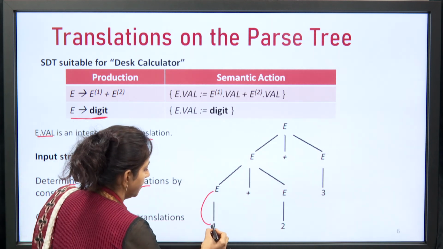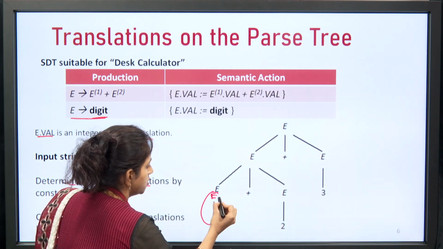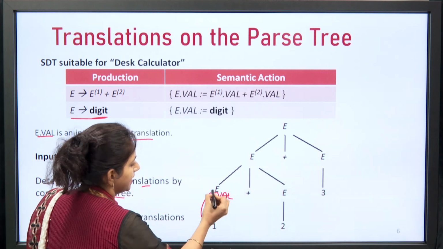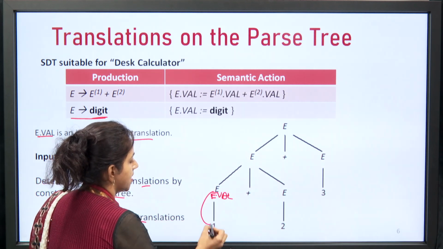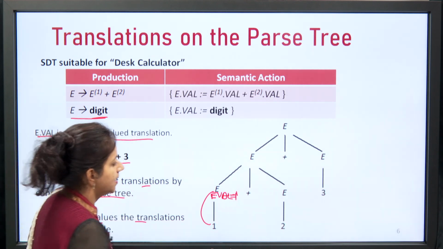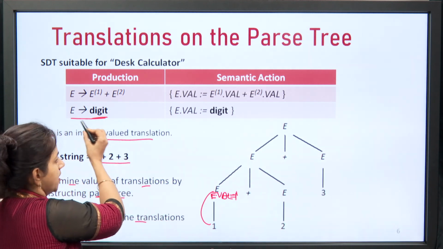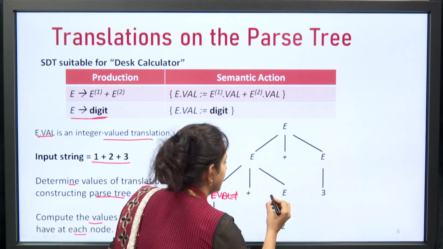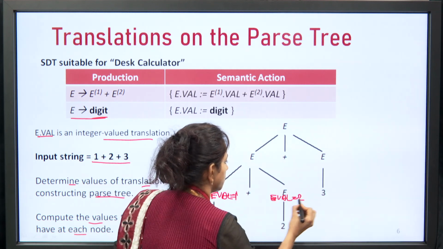So this 1 can be associated with the translation E dot val at this non-terminal, and we obtain E dot val is equal to 1. Similarly, this 2 is reduced to capital E using this production, and we can write its translation as E dot val is equal to 2.